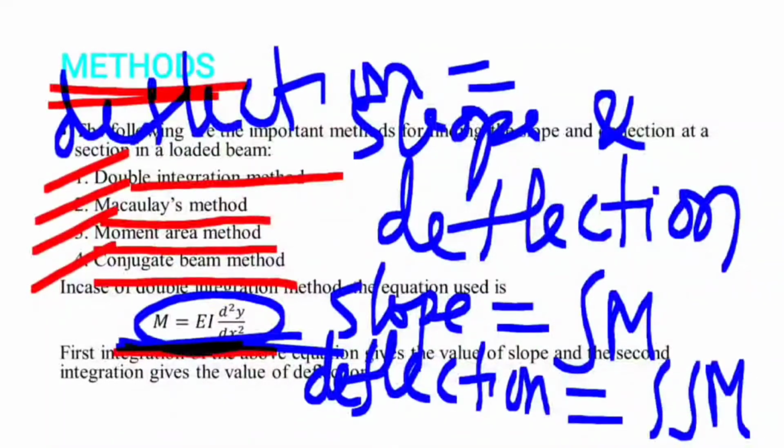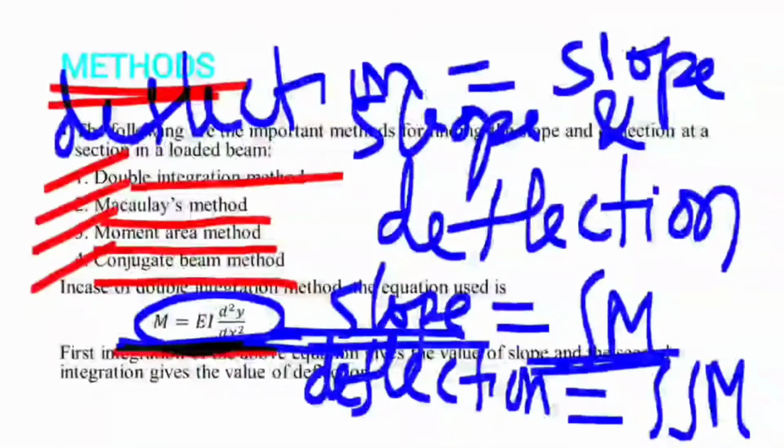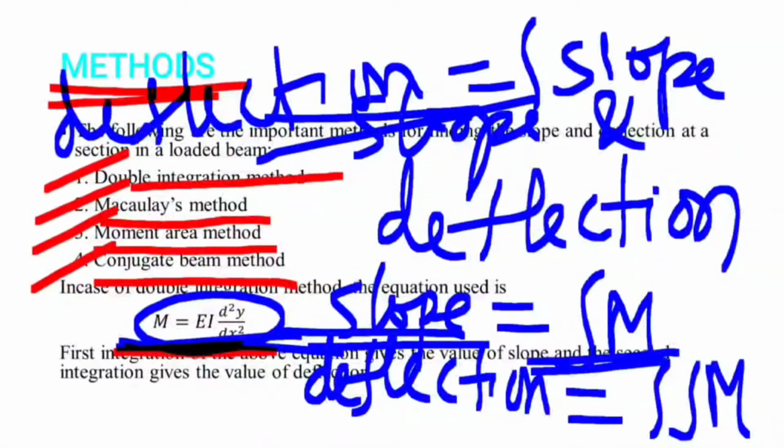I integrate the moment, I get slope. So I integrate the slope equation, then I get the deflection value. This is the brief idea about the double integration method and Macaulay's method.